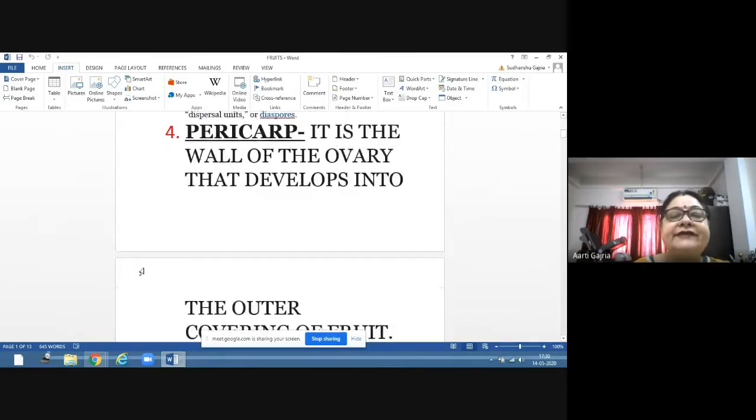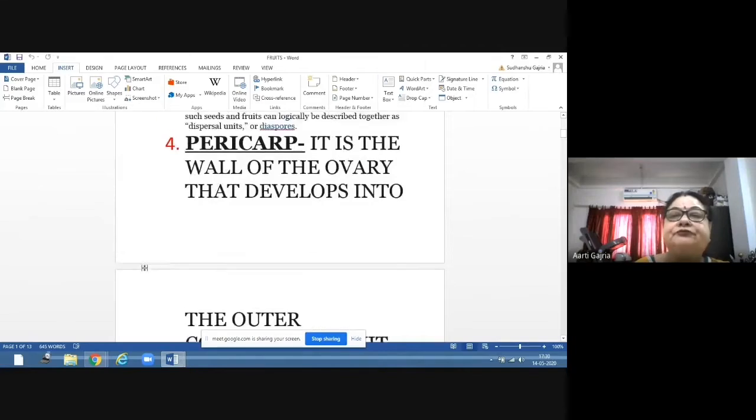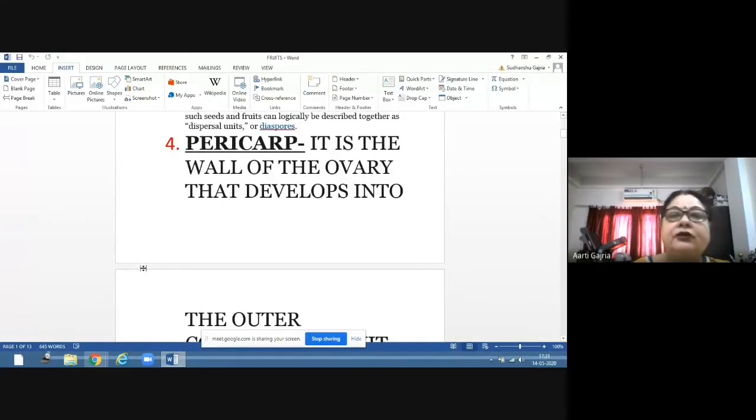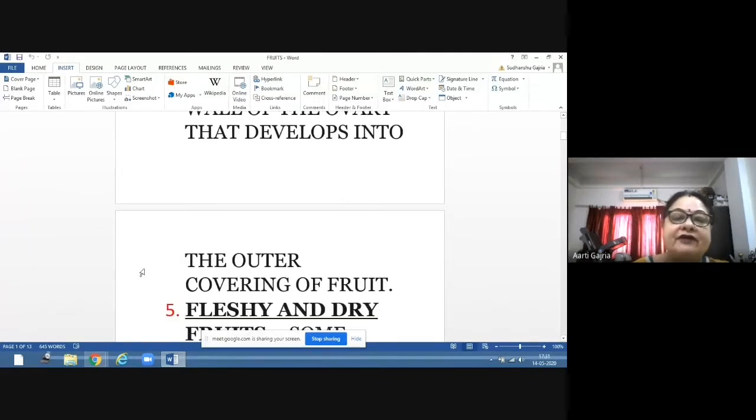The next term is pericarp. It is the wall of the ovary that develops into the outer covering of the fruit. Pericarp is the wall of the ovary. That means the covering, and this covers the fruit.